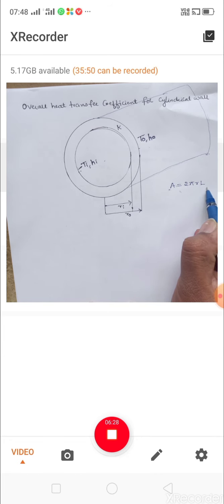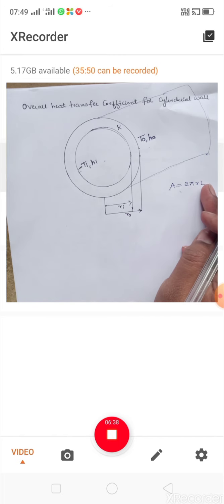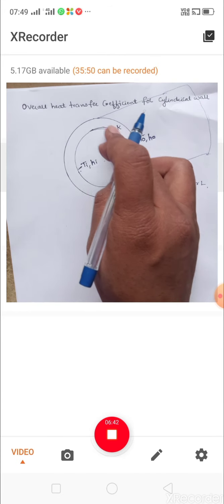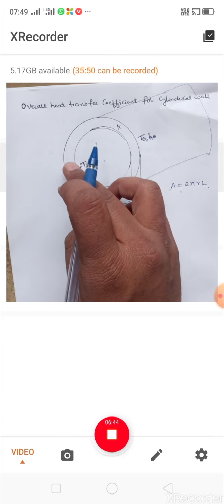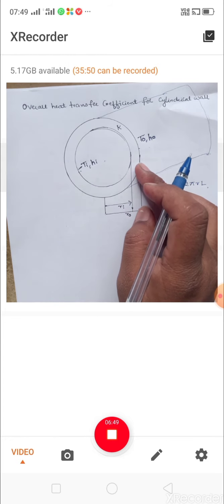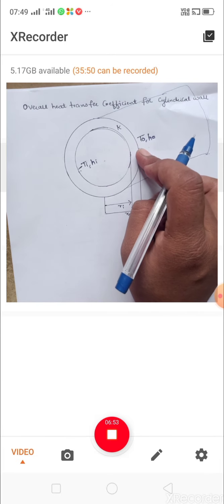Therefore, while dealing with cylindrical systems, we have to specify which area this overall heat transfer coefficient U is based on, whether the inside area of the cylinder or the outer area of the cylinder.